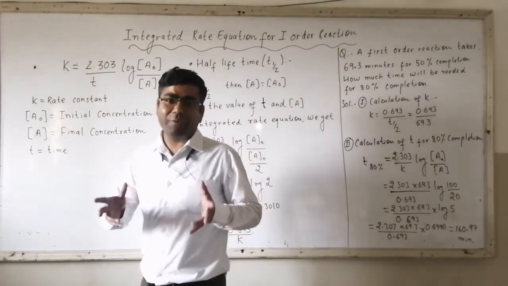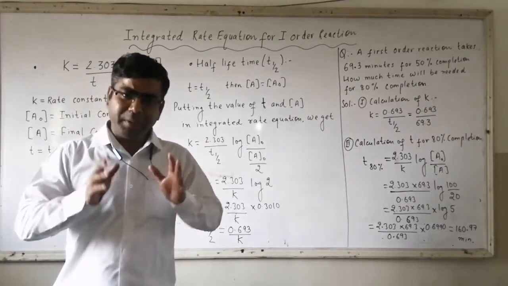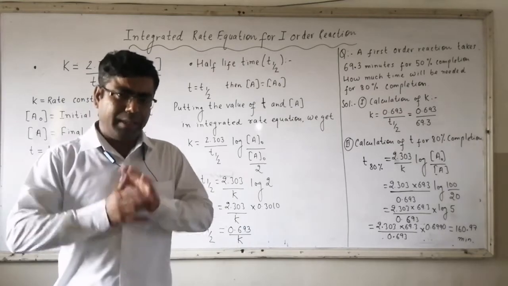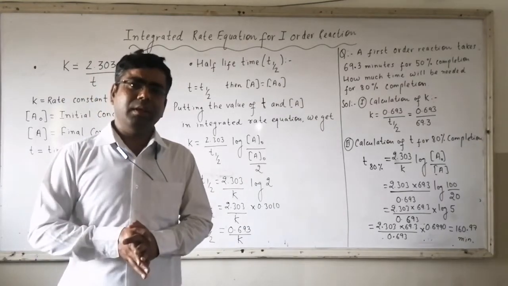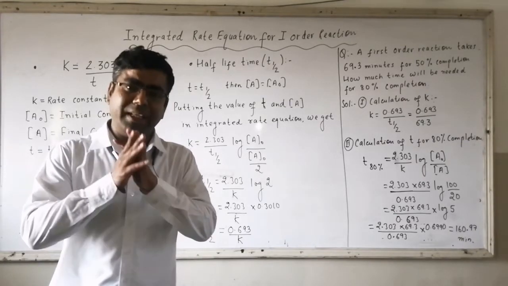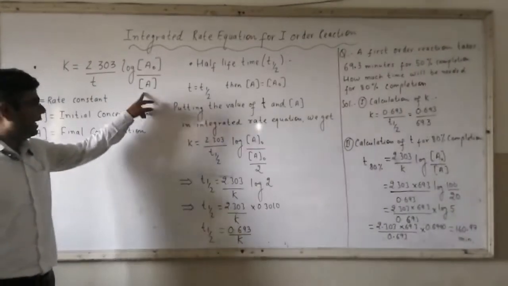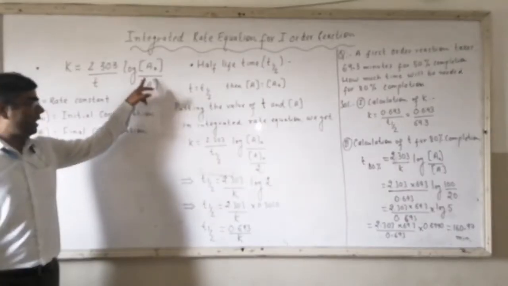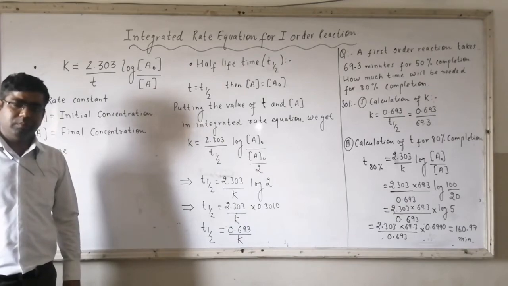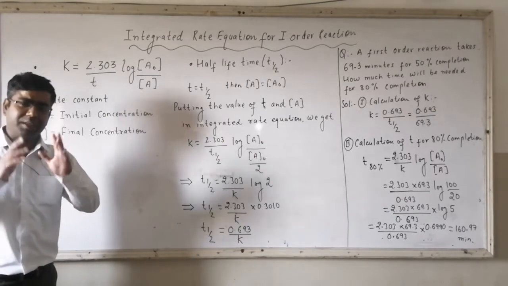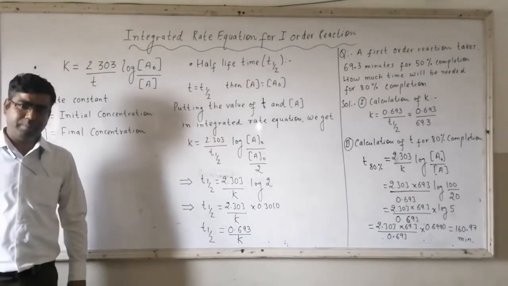Now, what is half-life period? Half-life period is the time when the initial concentration reduces to half of the initial concentration. When A becomes A0 by 2, just half of the initial concentration, then this time t is called t half.